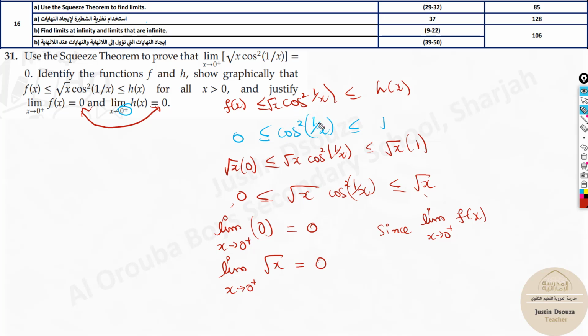For cos square 1 by x, the range we write, we multiply by root x and get this function. And then we start simplifying with the squeeze theorem. It's very simple once you understand the concept.